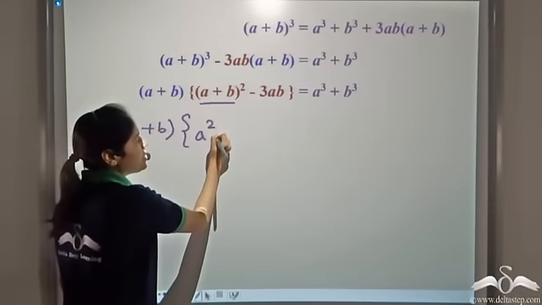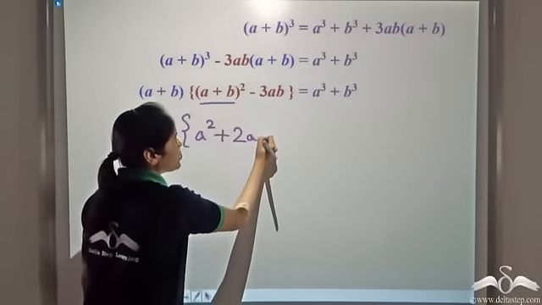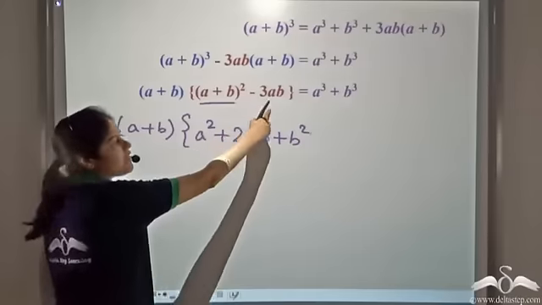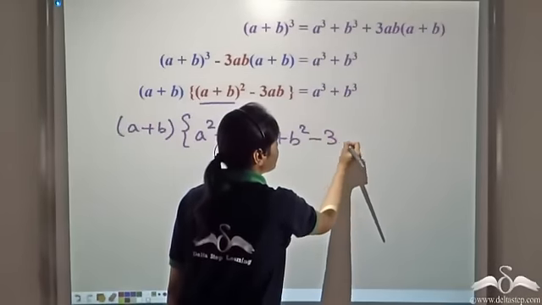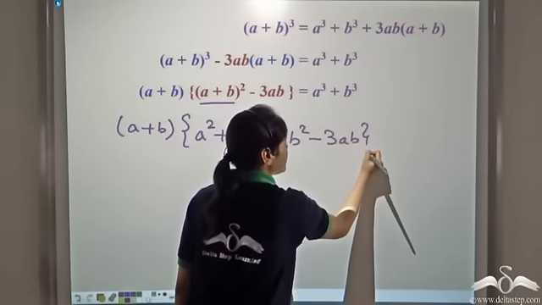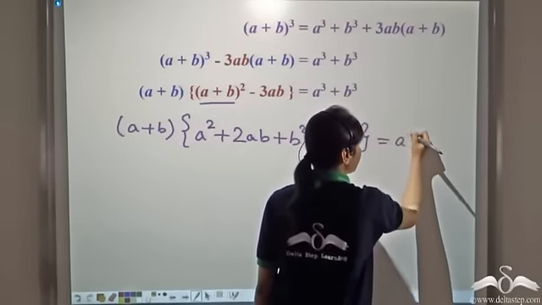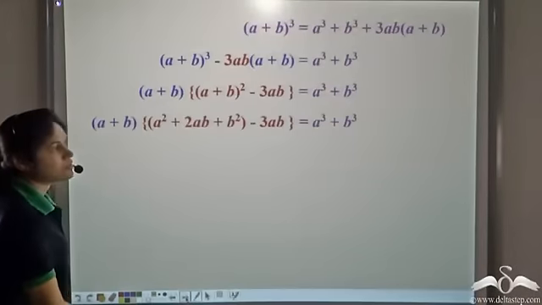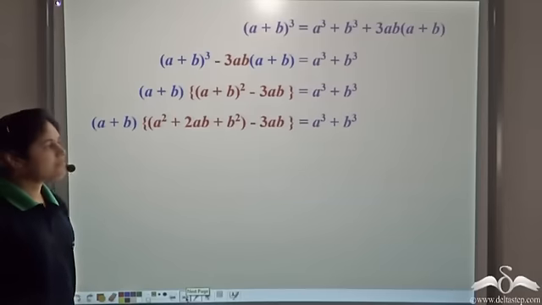It is a square plus 2ab plus b square, and then we have a minus 3ab. This is equal to the right hand side, which is a cube plus b cube. So this is what we have.